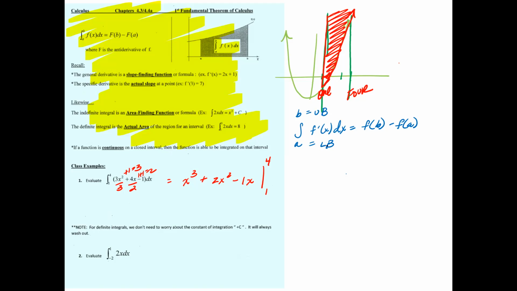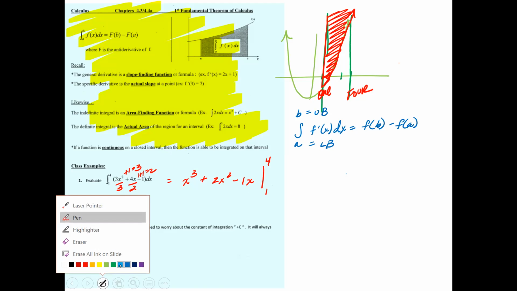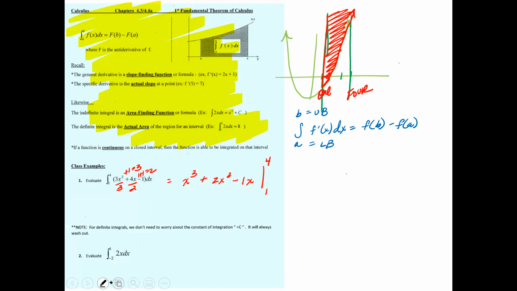And the reason why you want to do that is because if you look at the picture of this diagram that we drew, it's always going to be 4 minus 1 because the area of 4 is the area of this entire region from left to right.